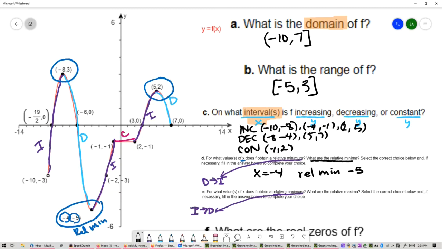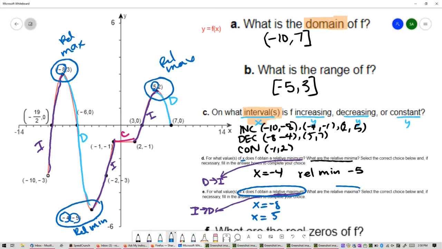In the second one, we have two relative maximums. One of them occurs, so these are the relative maxes. It's obtained at an x of -8 and an x of 5.